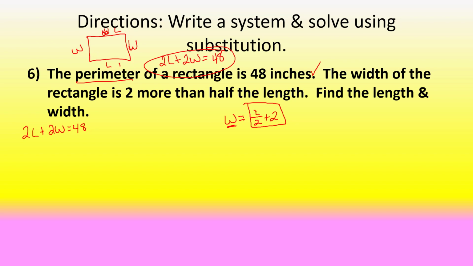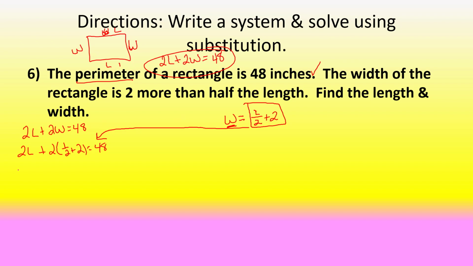So we are told 2L plus 2 times the width, which we just determined was going to be this value right here, L over 2 plus 2, equals 48.